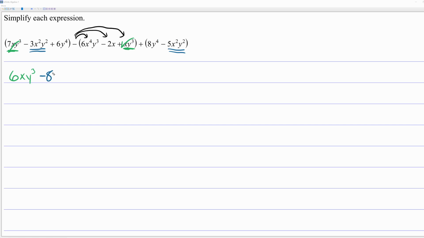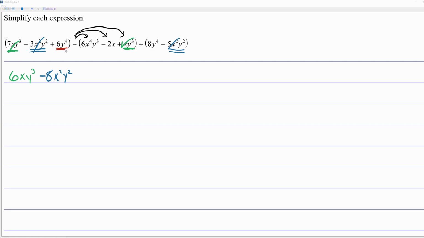That's negative 8x squared y squared. Notice the exponents did not change. This term was x squared y squared. It's still x squared y squared. Again, especially if you're doing this on paper, if you want to cross this out as you go through, that's fine. And just do this very systematically.